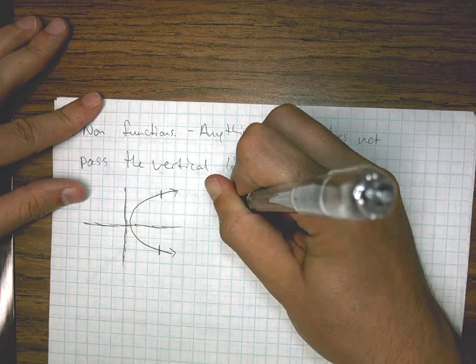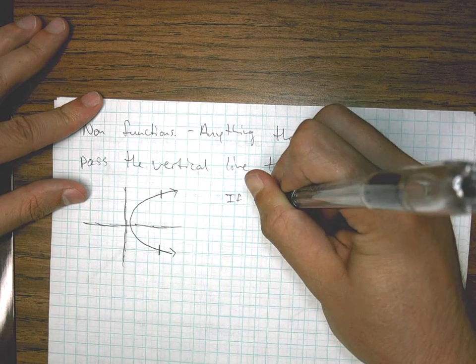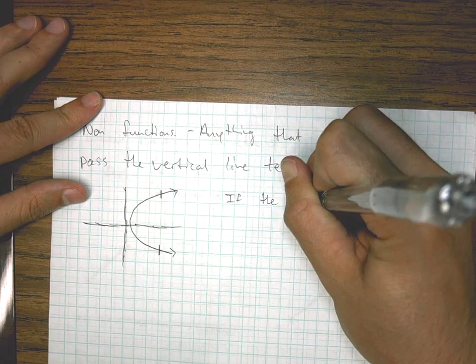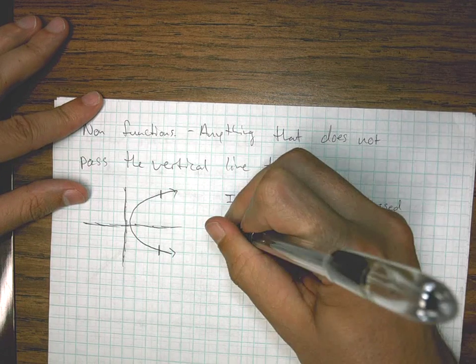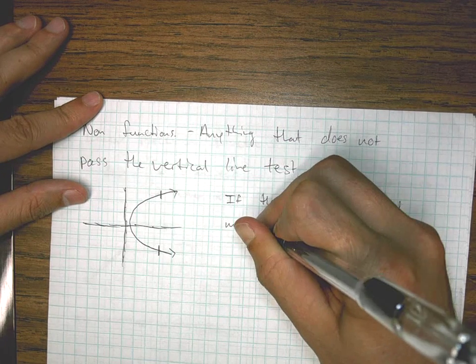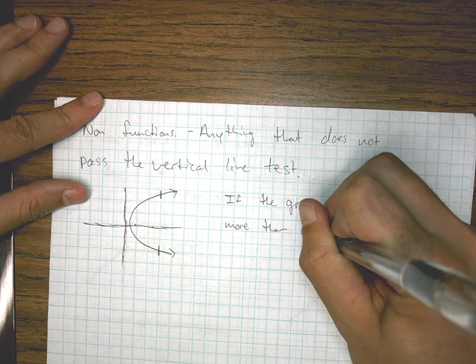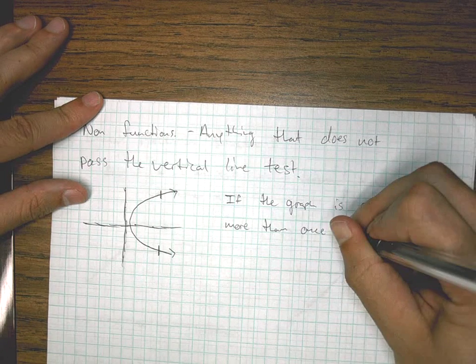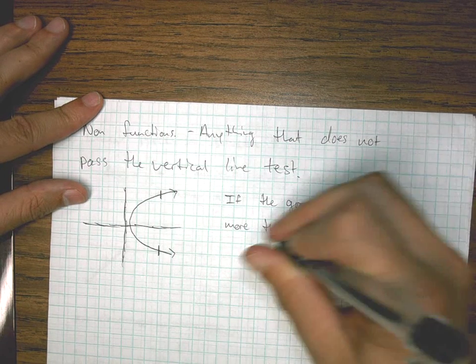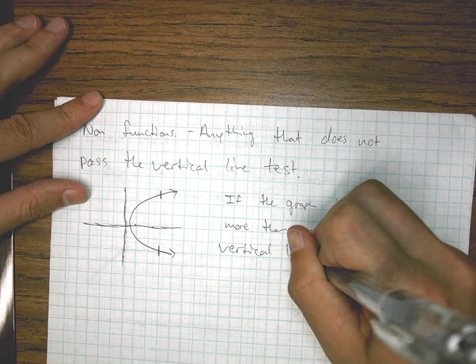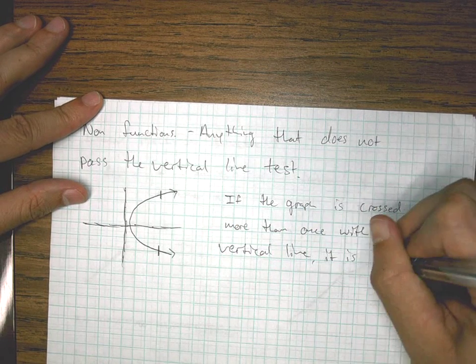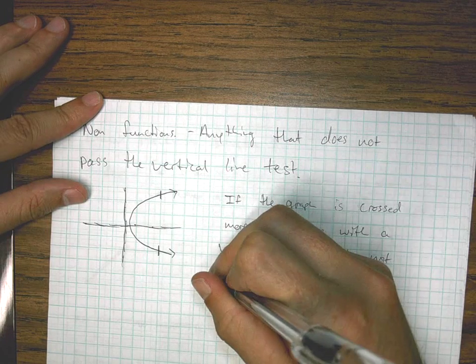So if the graph is crossed more than once with a vertical line, it is not a function.